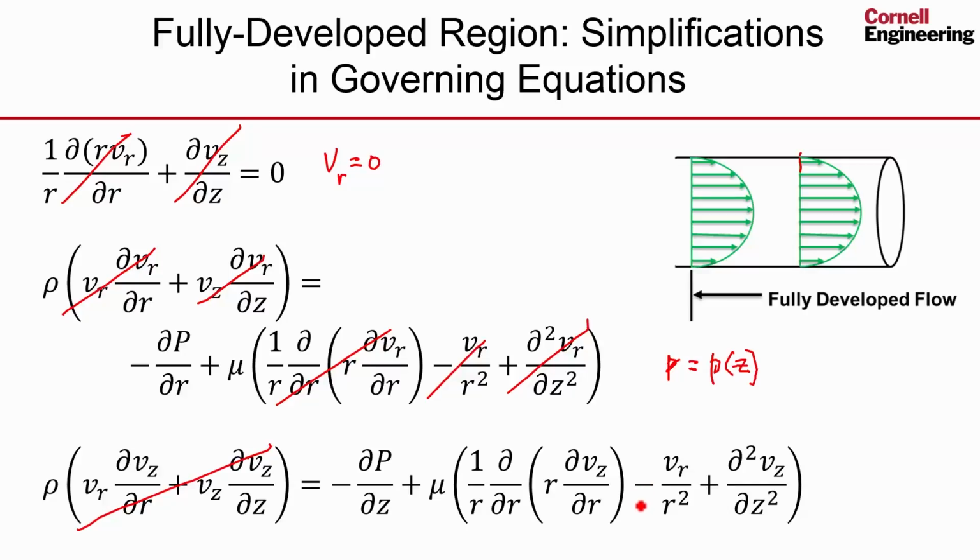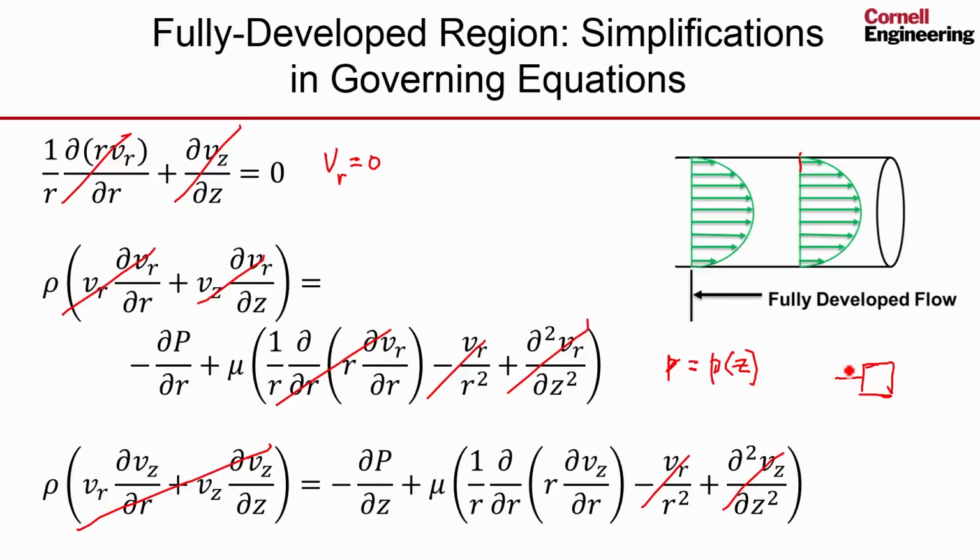And the radial velocity is 0, so that's 0, and there's no variation in the axial direction of the velocity, so I'll knock that off to 0. So what this reduces to is a balance between the pressure gradient in the axial direction and the viscous shear in the axial direction.